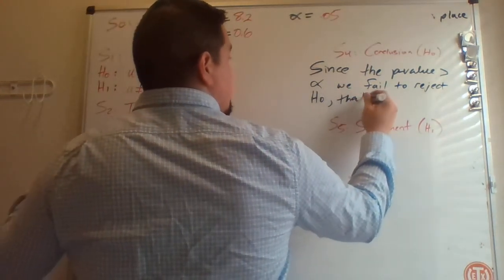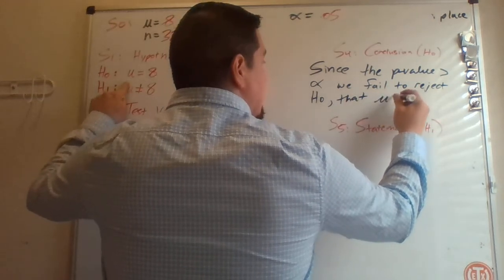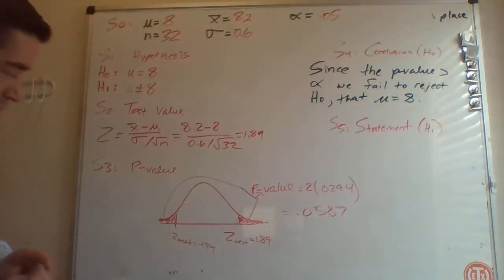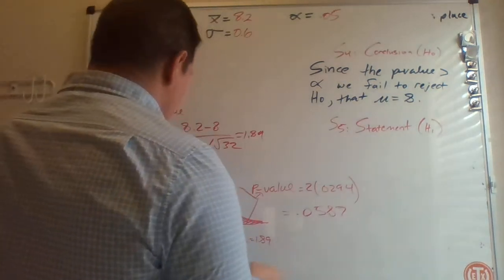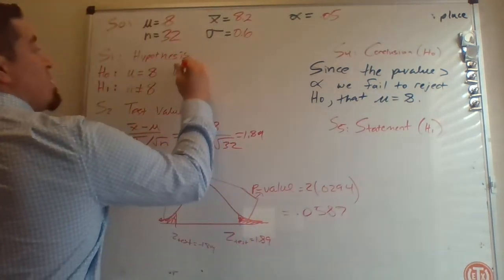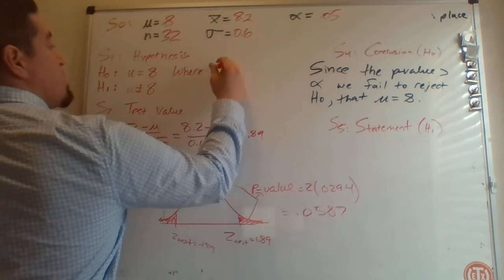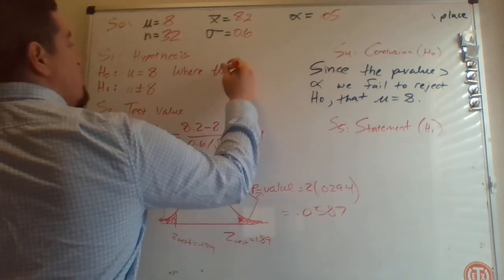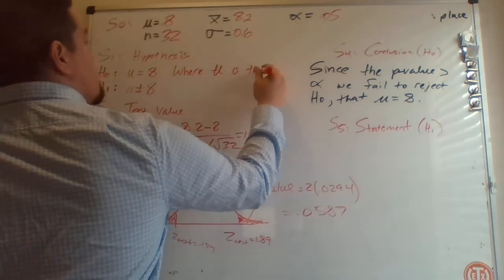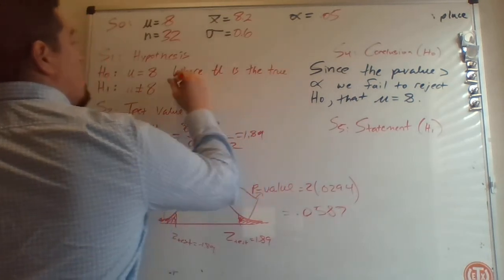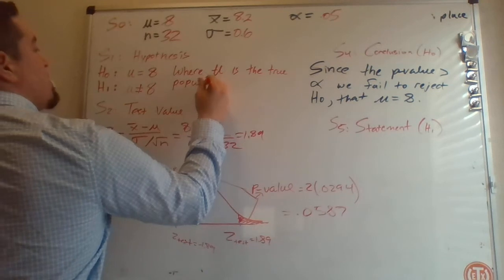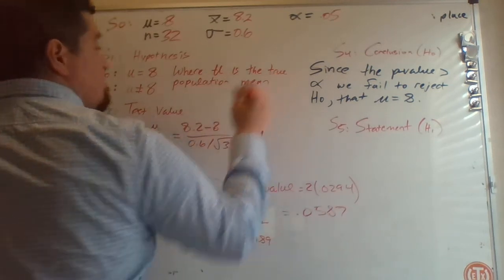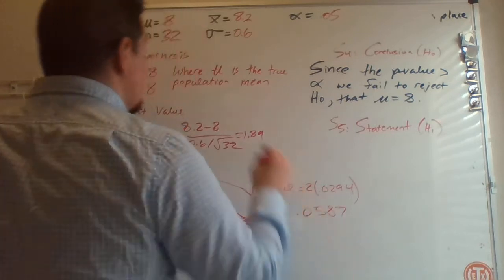And I'd like to make a statement reminding us what that is, where mu is the true population mean wind speed.